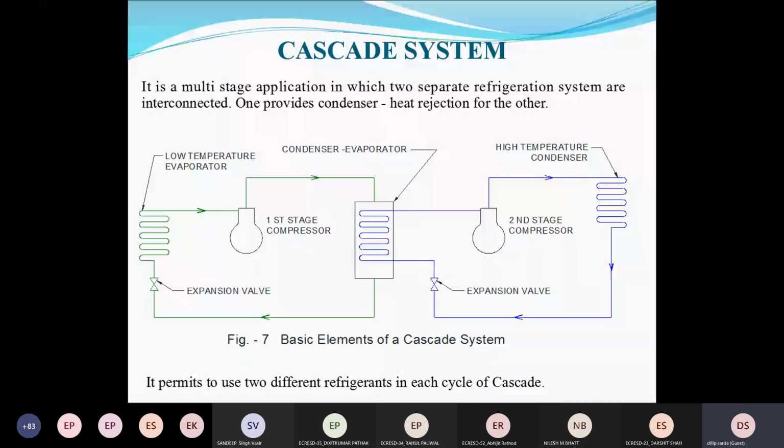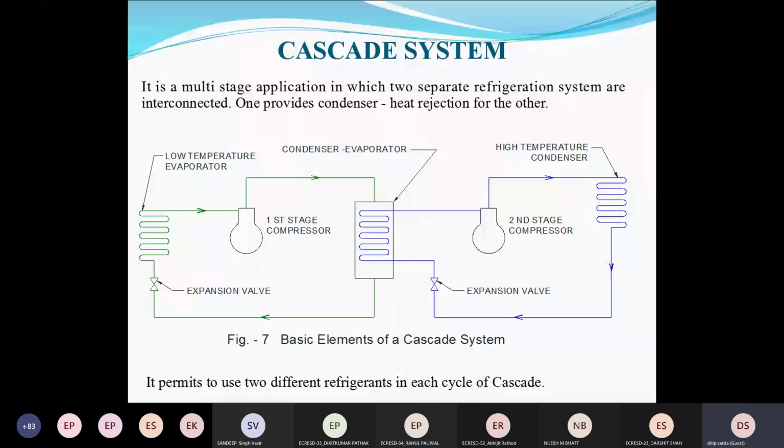In a cascade system, there are two different systems. In one, the evaporator is working; in the second system, the condenser. That is cascade. Both the gases are not mixed in the heat exchanger. Both the gases remain separate, and one is used as an evaporator and the other as a condenser.